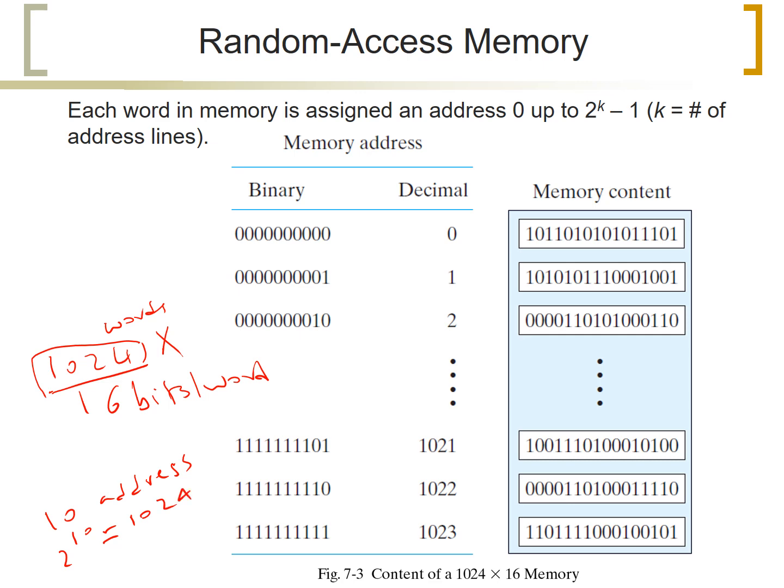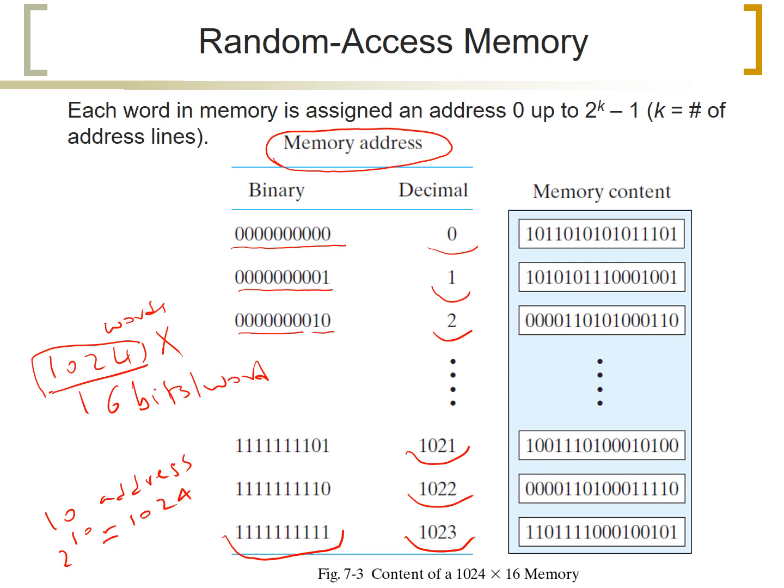And the 10 address bits, so this is a memory address in this case, will have values from 10 zeros to 9 zeros 1 or 8 zeros 1 0, which is decimal 0, decimal 1, decimal 2, all the way until decimal 1021, 22, and 23, when all the bits are ones. So we have 10 ones. So the binary address, the first one, will be the address of the word number 0 in the memory, and then word number 1 in the memory, and number 2, etc.